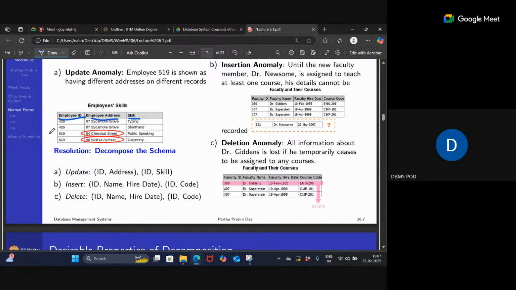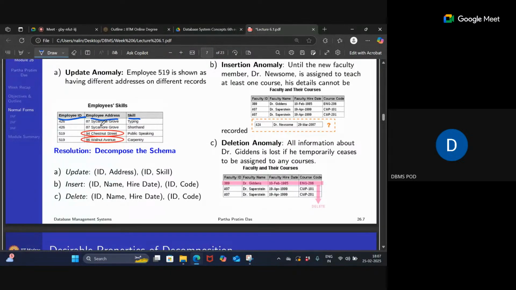In the records you can see employee ID is repeated, like 426, 426, 519, 519, so employee ID alone is not the primary key. As 426 is the same employee, his address should be the same. But for 519, the address is different in one record and in the other. So this is an update anomaly.